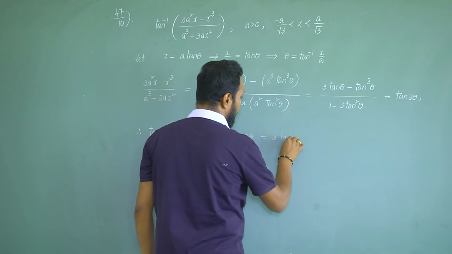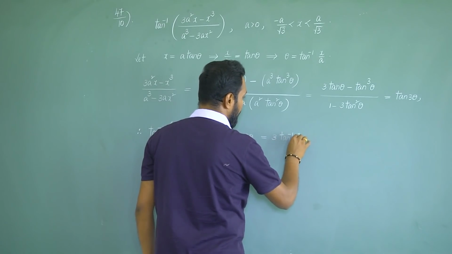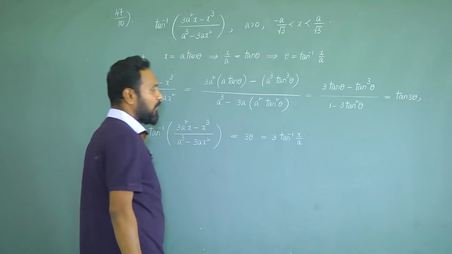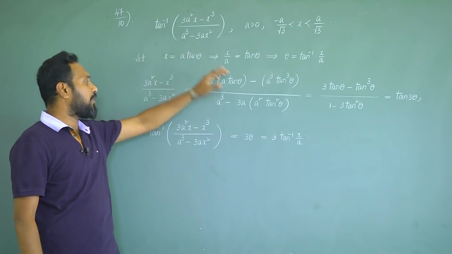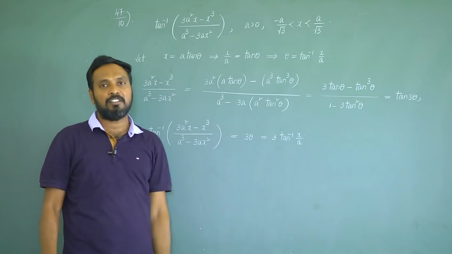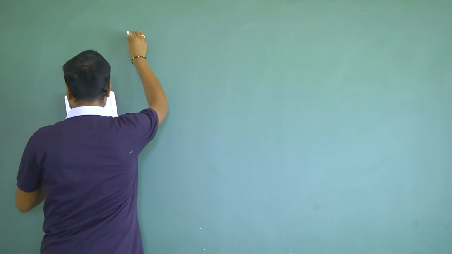According to our assumption theta is tan inverse x by a, so you will get 3 into that. So the simplification of this function is 3 tan inverse x by a.